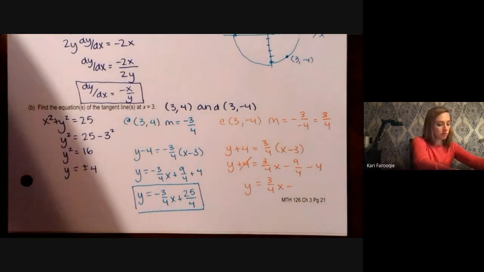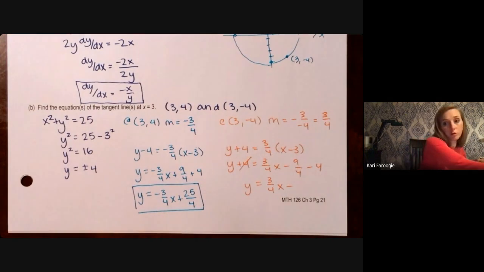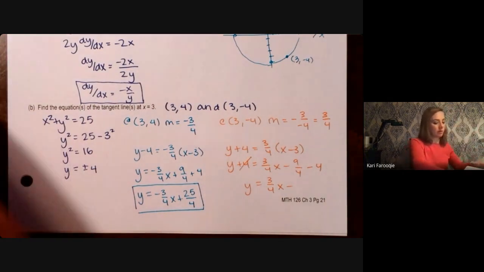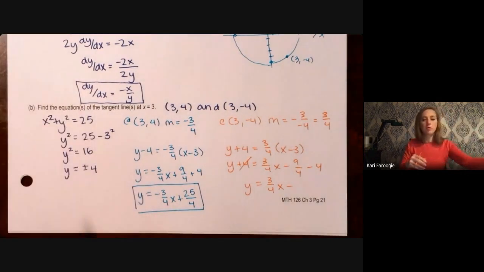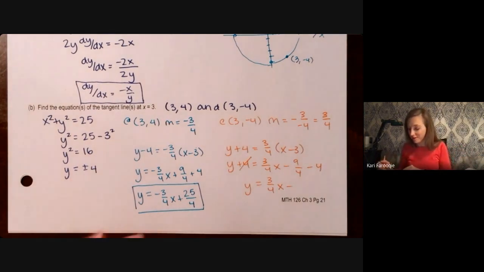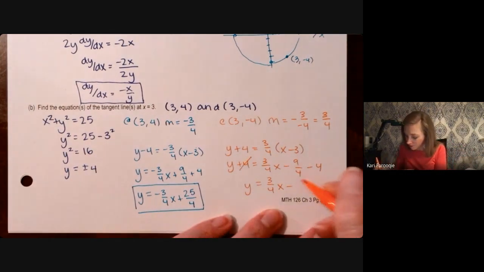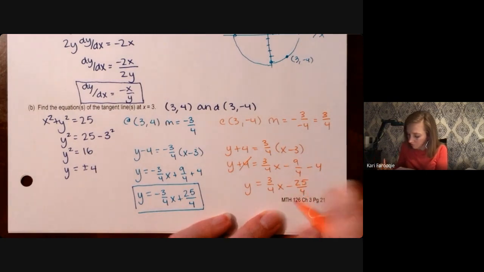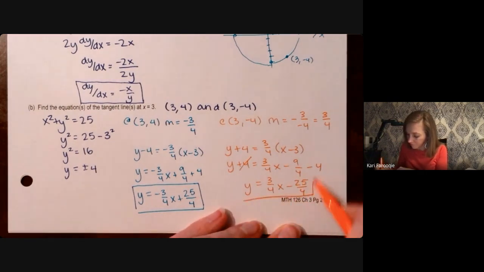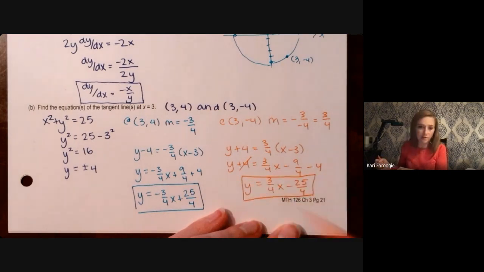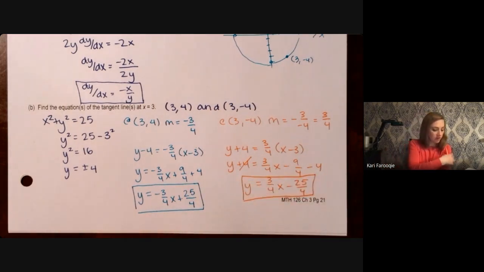You know, as I go through your notes, I'm always doing a quick glance over at my old notes. Yeah, I just did it wrong the first time. We're good. Everything is fine. Minus 25/4. And then you end up with this situation.